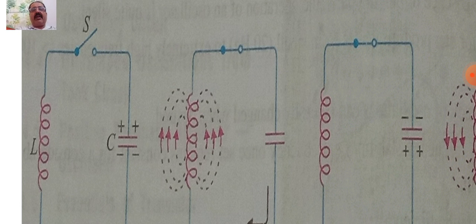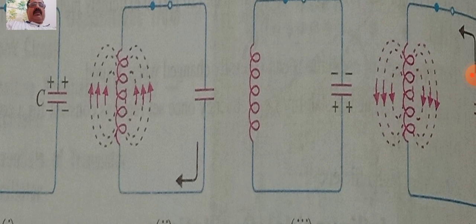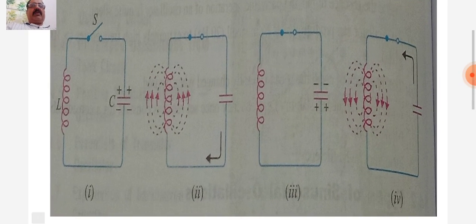So let us consider figure number 3. Once the capacitor is discharged, the magnetic field begins to collapse and produces a counter EMF. According to Lenz's law, the counter EMF will keep the current flowing in the same direction.